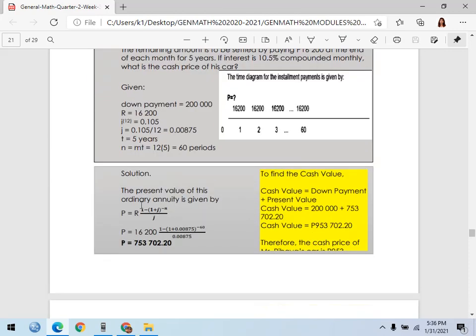So, how to solve? Kamukha na ginawa natin kanina, first you must solve for the present value. So, the present value is, again, given by R times 1 minus 1 plus j raised to negative n divided by j. So, substituting the values, ito siya.